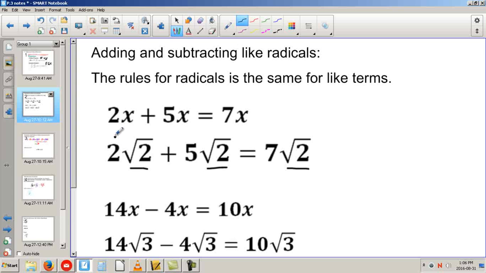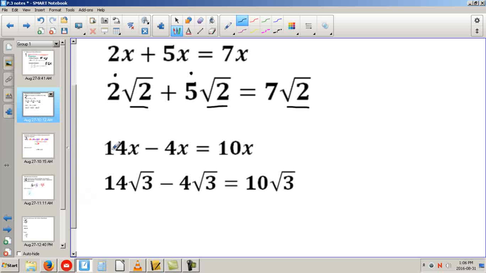We're just going to add the 2 on the outside and the 5 on the outside to get 7, and of course we just keep the root 2 the same way we would have with the x. Same process works for subtraction. 14x minus 4x is of course 10x. So 14 root 3 minus 4 root 3 would equal 10 root 3.